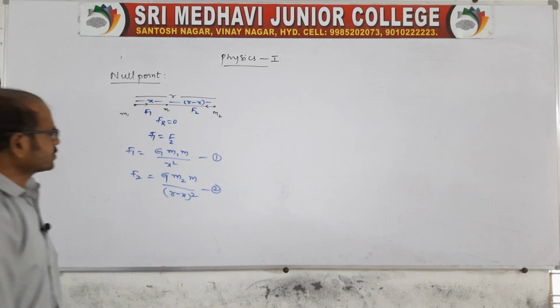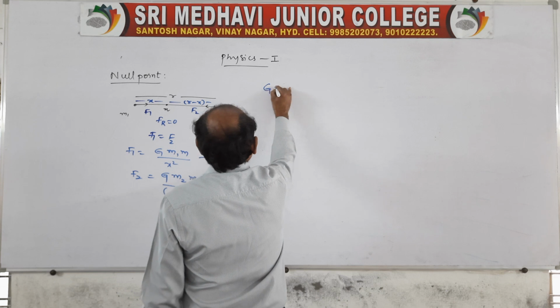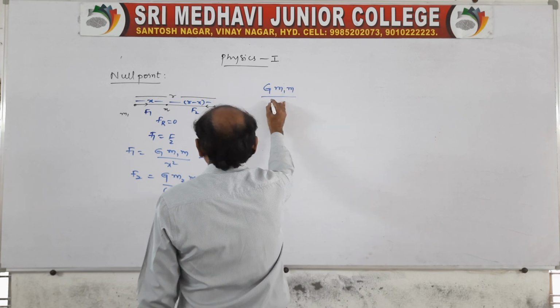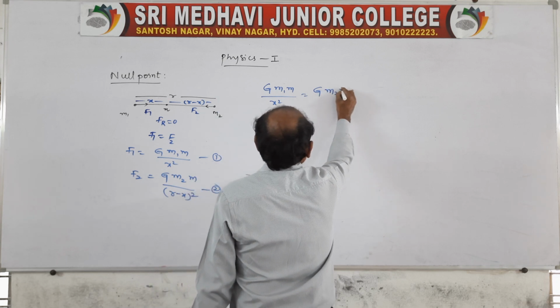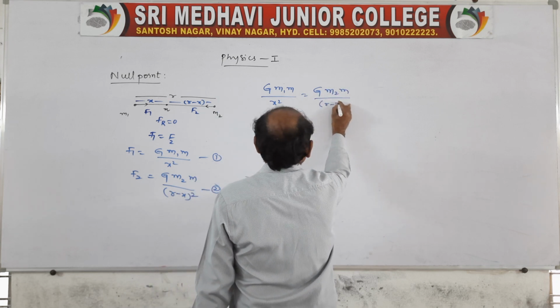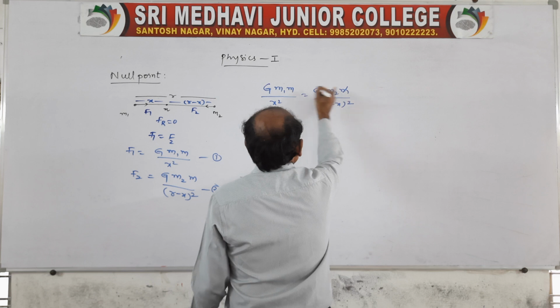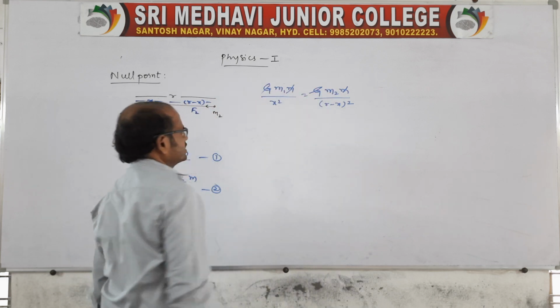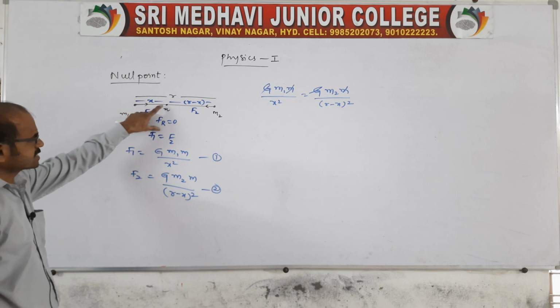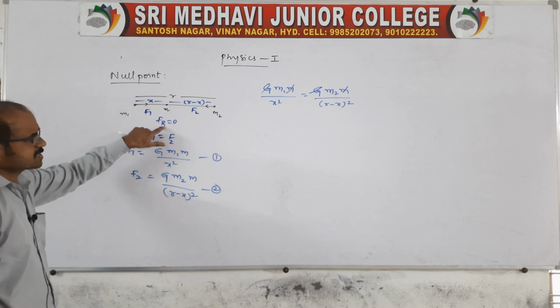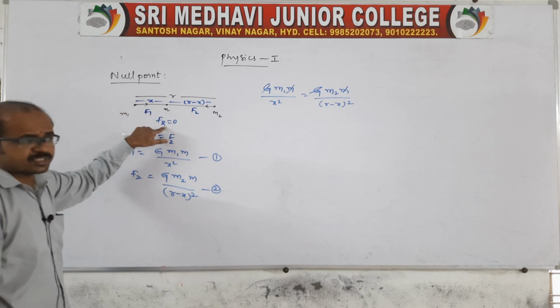Now equate these two to get the null point. Here G M1 m by x square is equal to G M2 m by r minus x whole square. So small m and capital G are cancelled. Now we need to find x, because at distance x only the resultant force is 0.